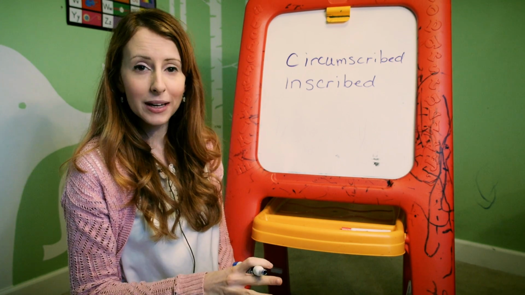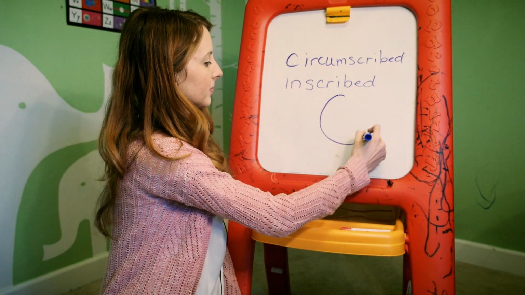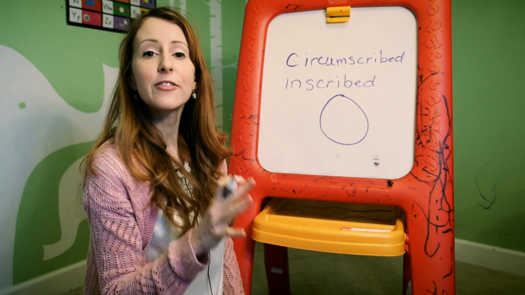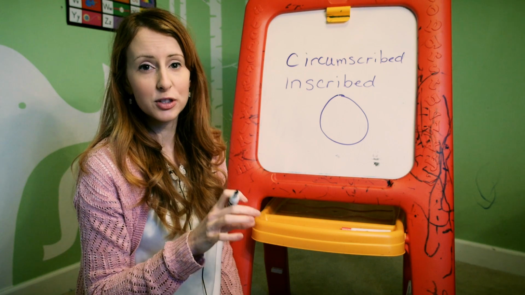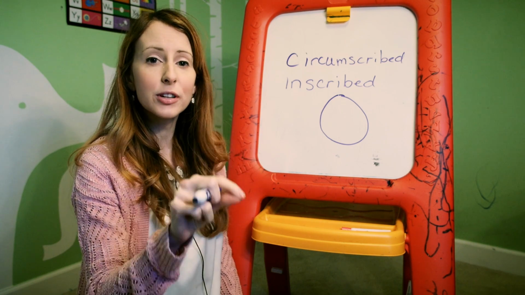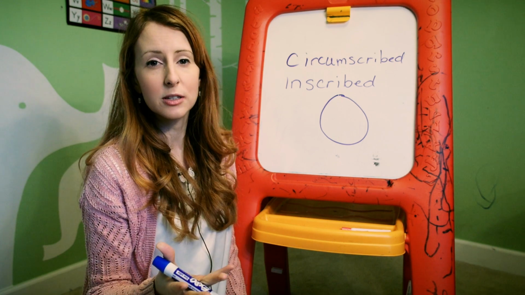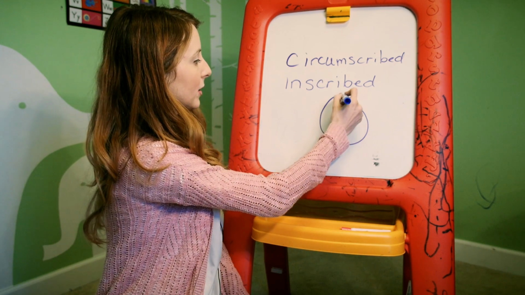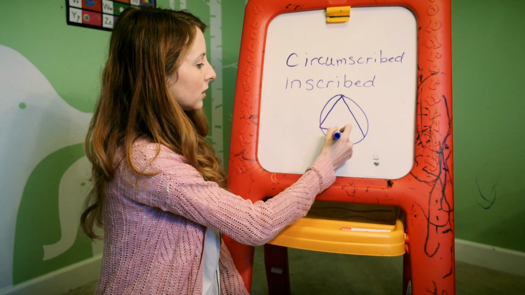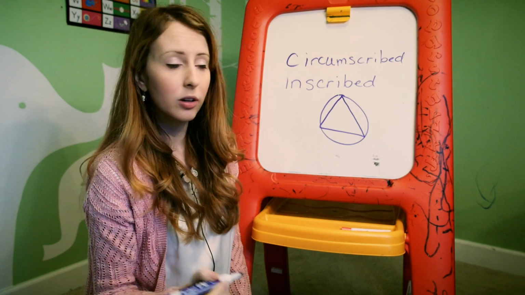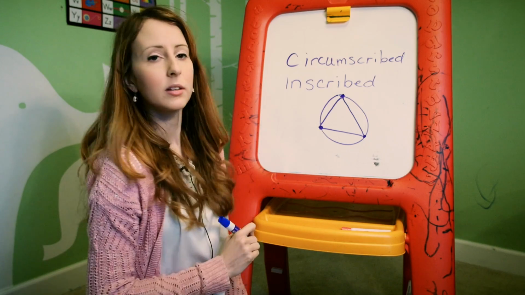They are describing a situation where you have a circle and you take a figure and you place the figure on the inside of the circle in such a way that all the vertices are on the circle itself. So, for example, if I wanted to inscribe a triangle in the circle, I would make sure that each vertex was on the circle itself.